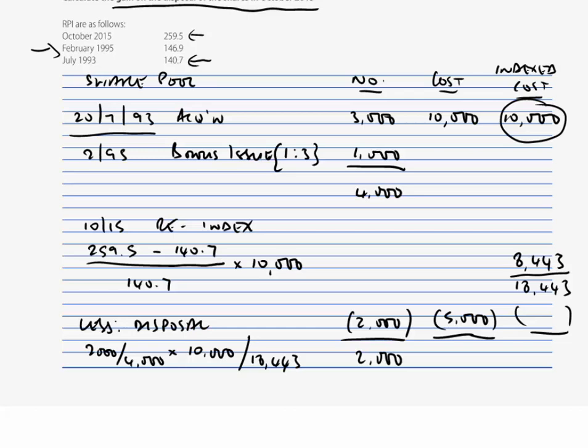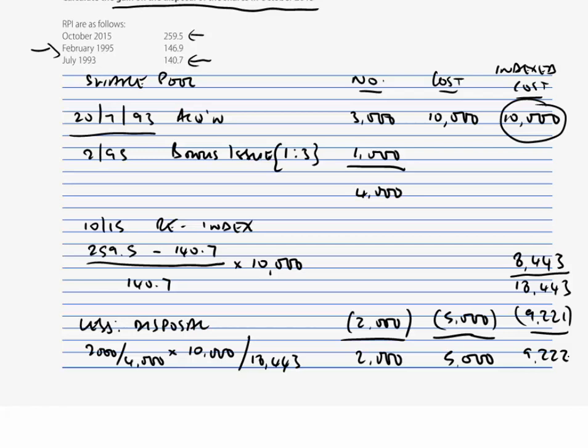Let's say we take half of the 18,443, well, we'll just go with 9,221. If you put 222, it makes no difference at all. That's absolutely fine. You can then update: the 2,000 shares that remain still have a cost of 5,000. And as we took out 9,221, that'll leave 9,222 within our index cost column for purposes of dealing with another disposal.